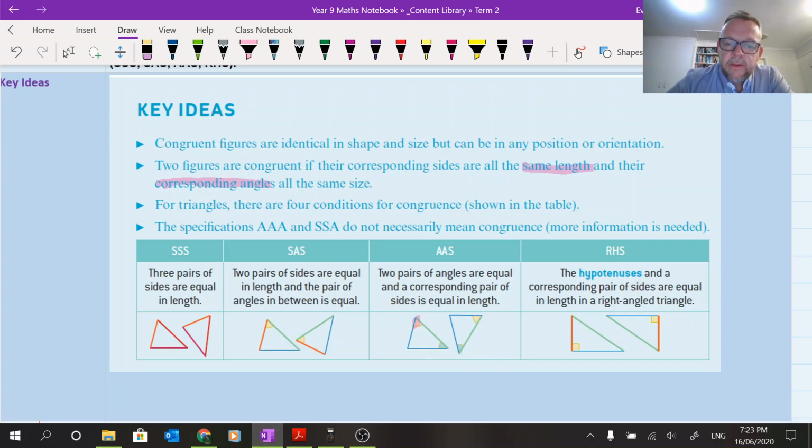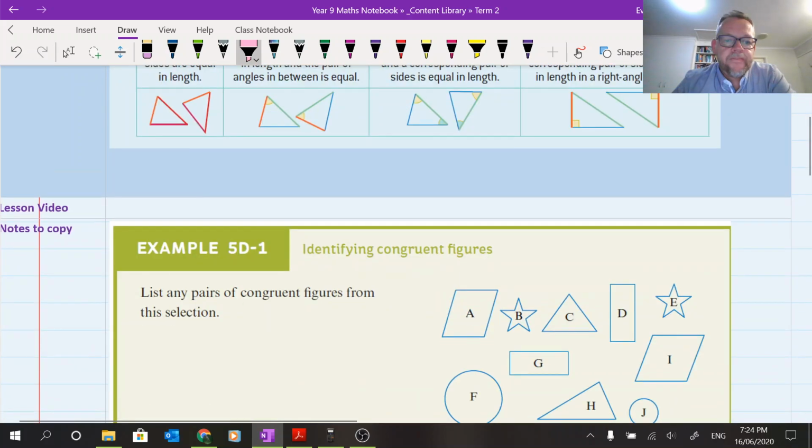So that means that that pair of triangles will be congruent. Okay, now the hypotenuse and the corresponding pair of sides are equal in a right angle triangle. Now that's our strategy for RHS. So right angle, hypotenuse, and corresponding pair of sides being equal.